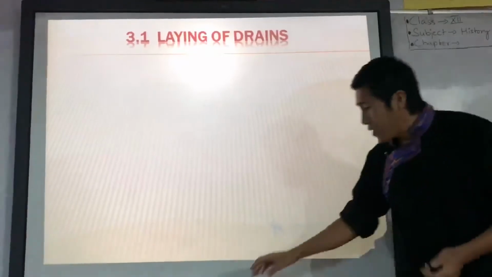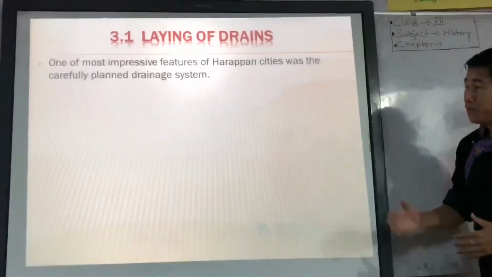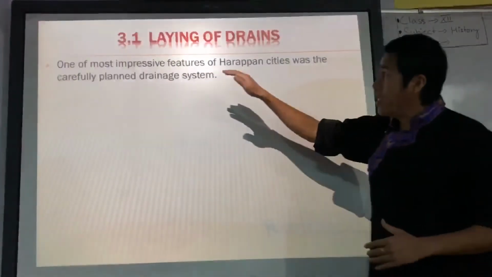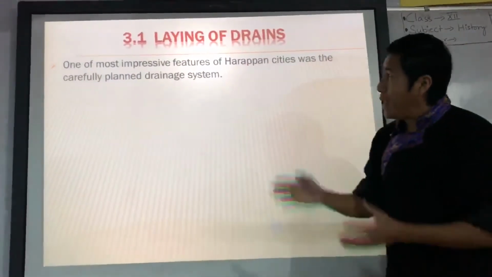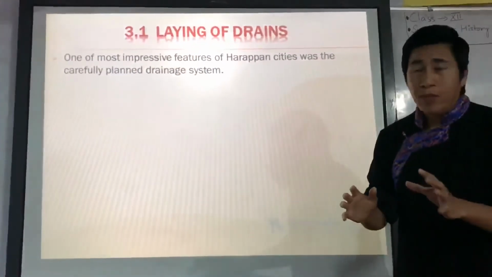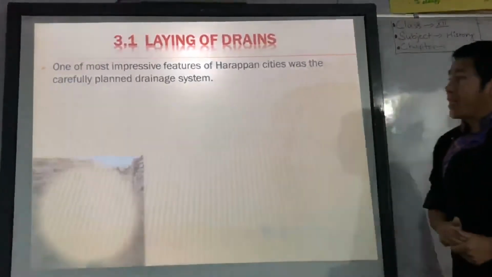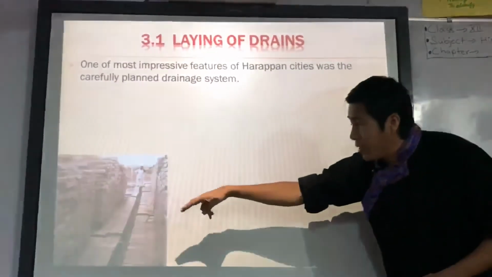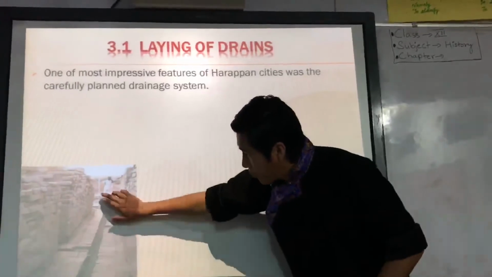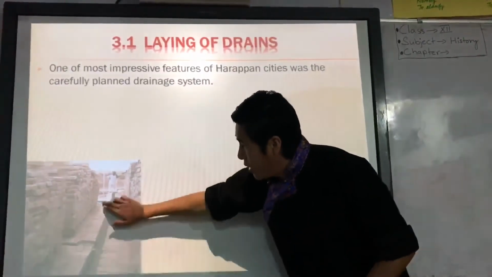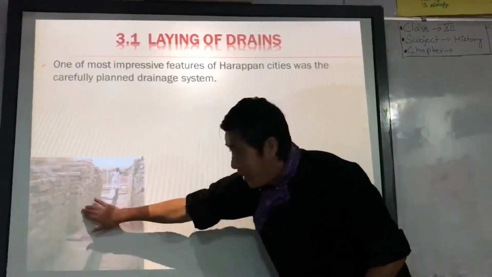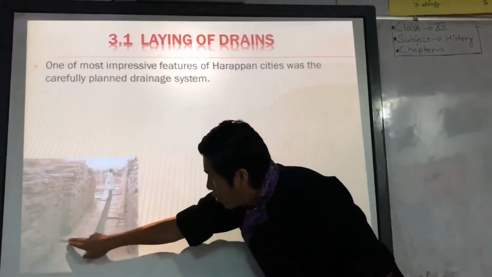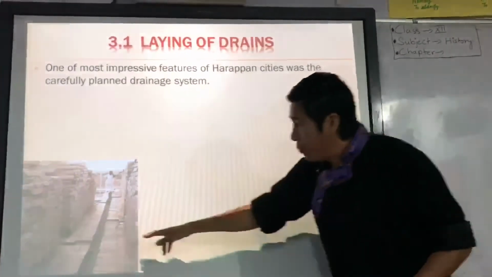One of the most impressive features of Harappan cities was the carefully planned drainage system. If you look at that picture, see, the drainage was there, and beside this drain there was a house, and every house had its own drainage connected to the main drain.